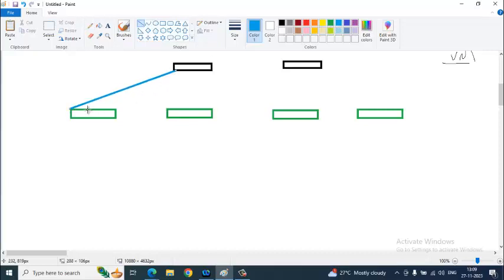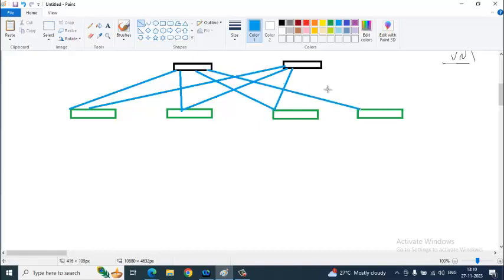Anycast RP means what? The nearest RP. That's what Anycast RP is. They go and report to the nearest RP. So if half of them report to spine 1, which is an RP, and the other half report to spine 2, which is also another RP, then there will be a non-sync.